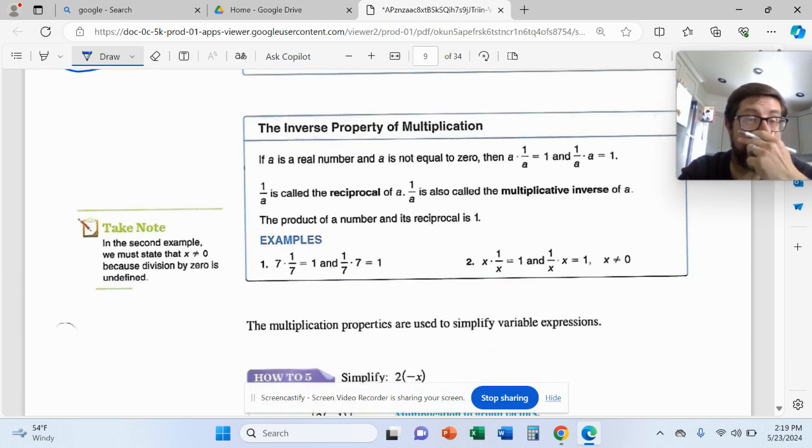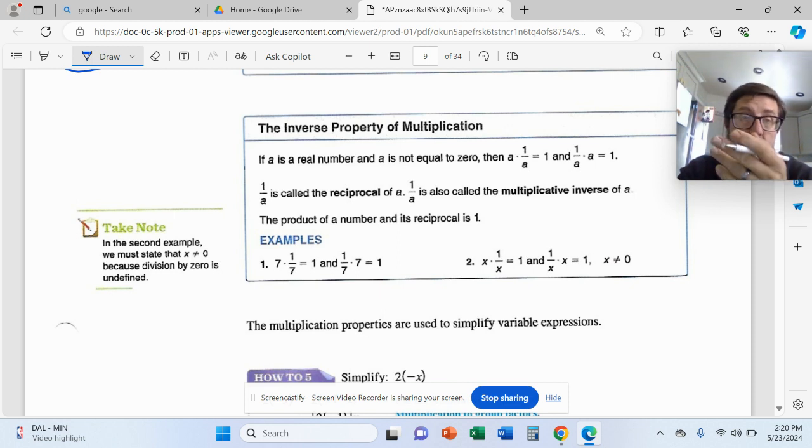The inverse property of multiplication. If a is a real number and a is not equal to 0, then a times 1 over a equals 1. So 1 over a is called the reciprocal of a. So let's look down here at example 1. 7 times 1 over 7 equals 1.